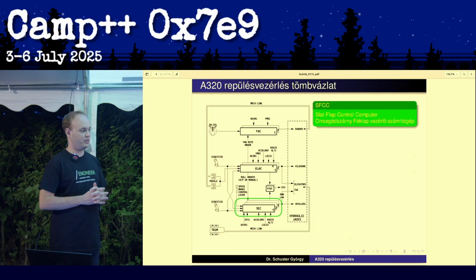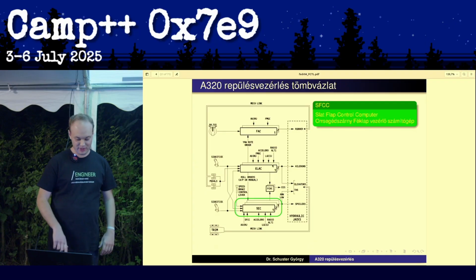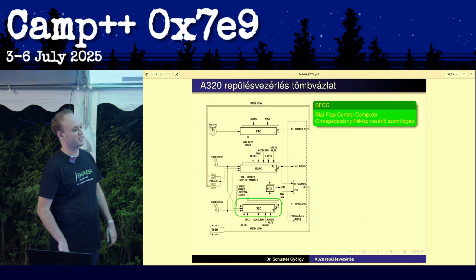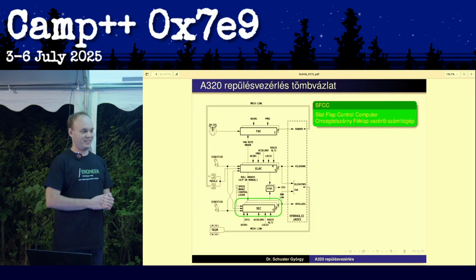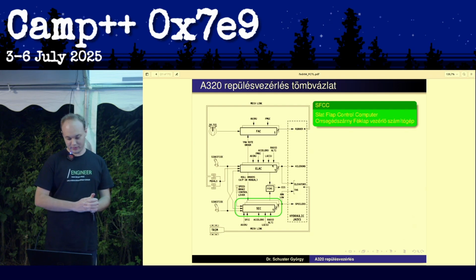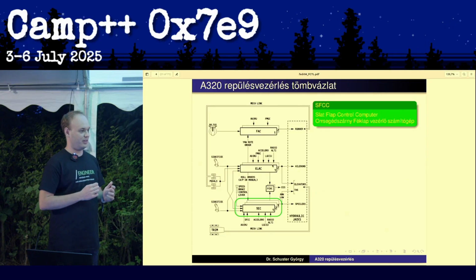You may probably remember what happened with the Boeing 737 MAX 8. The problem there was that there are many protections in these aircraft if you're flying them manually. There are many limits to their operations.